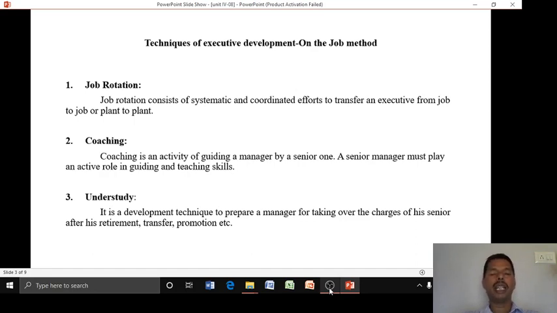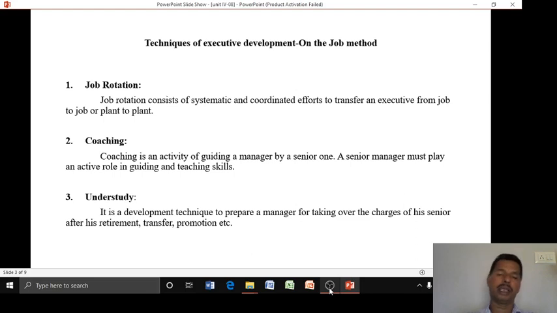If managers are not properly trained, instead of becoming managers, they will become the damagers of the organization. Therefore, proper coaching is necessary so that they will work on par with the experience of senior level managers.